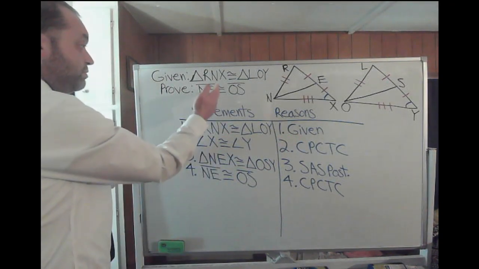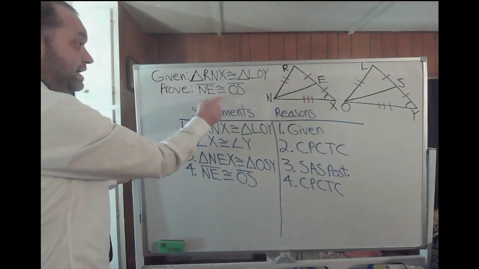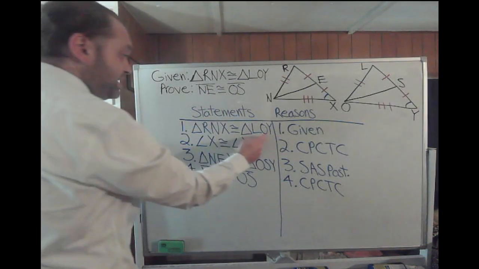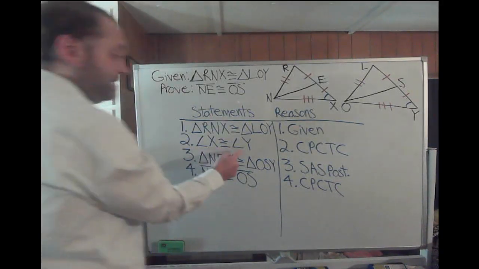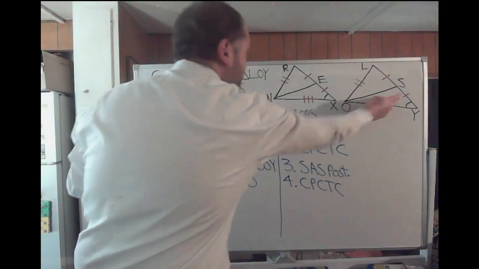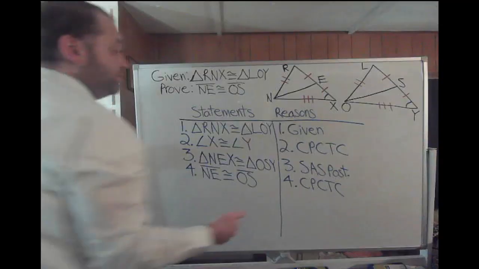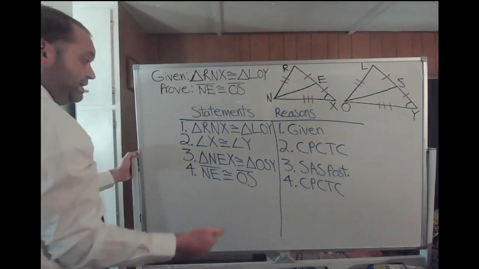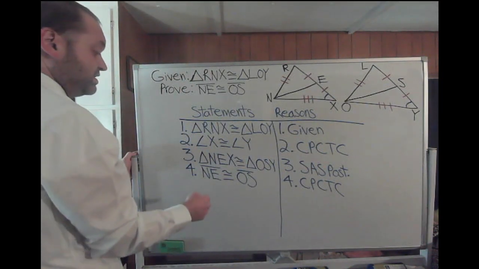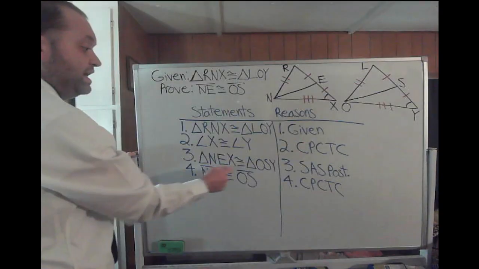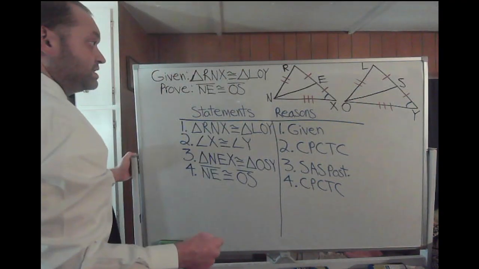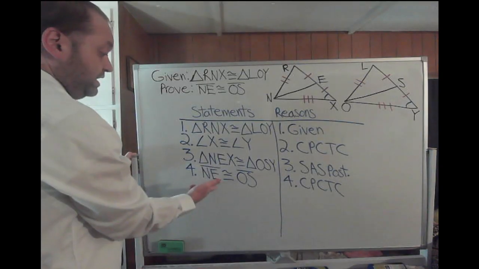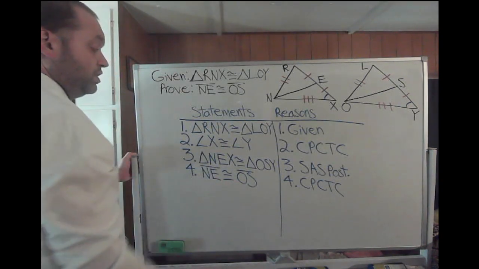We ultimately want to prove that NE is congruent to OS. We already stated the given information in the first step. Second step, then, we can conclude that angles X and Y are congruent to each other because of CPCTC, which then could lead us to conclude that triangles NEX and OSY are congruent by the side angle side postulate, and then that would lead to NE is congruent to OS.